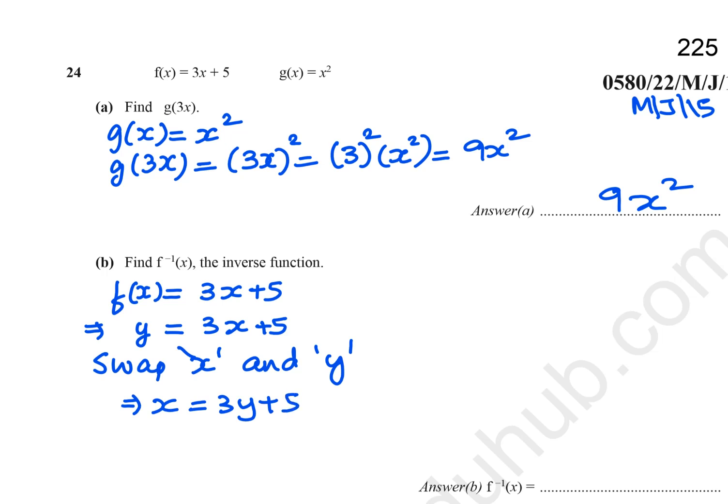Again make y the subject, therefore you get y equals x minus 3... not x minus 3, I'm sorry. So your y equals (x minus 5) divided by 3. So your f inverse x is (x minus 5) divided by 3.